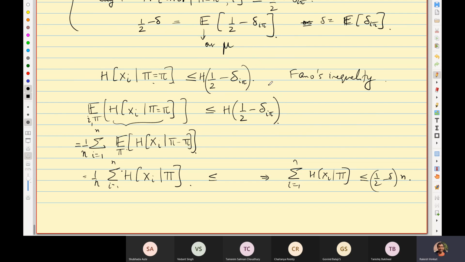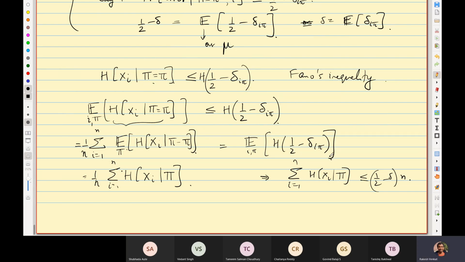And because Fano's inequality states that this is h of this, what I need to do is basically take the expectation of h of half minus delta I.